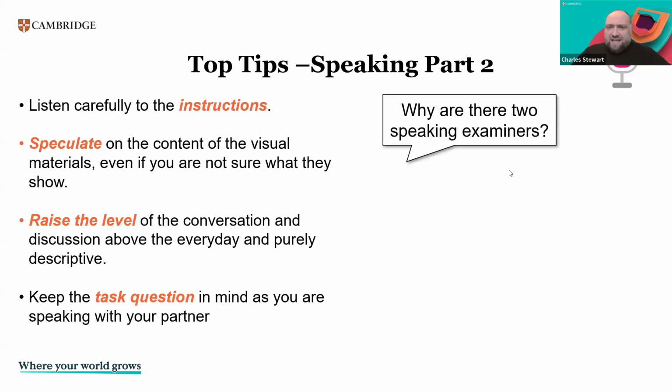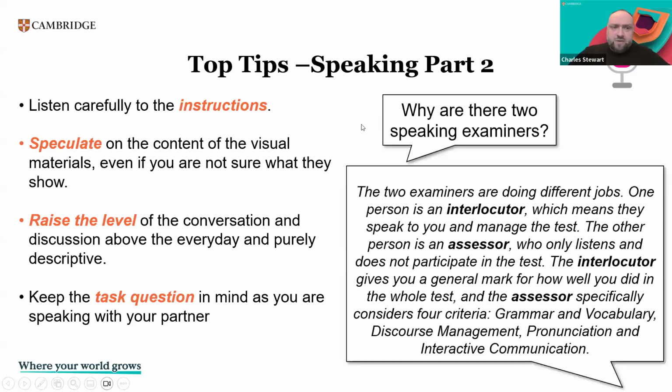A common question that's asked for the speaking paper of the C2 Proficiency exam is, Charles, why are there two speaking examiners? So with this, there are two examiners in the room with you. It will be yourself and a partner.